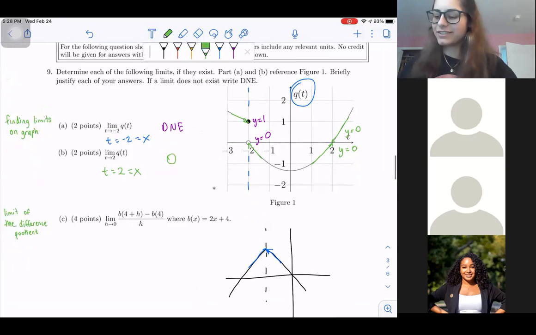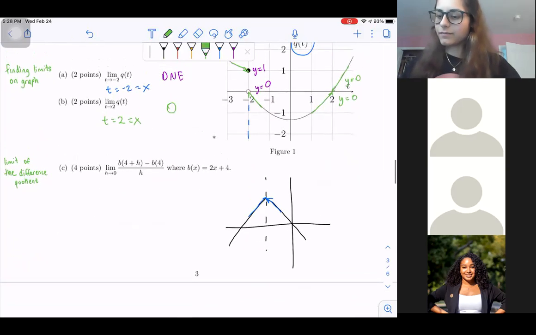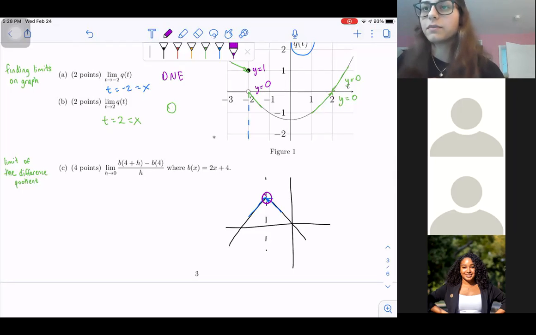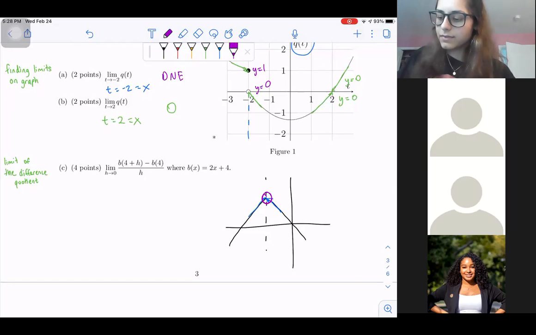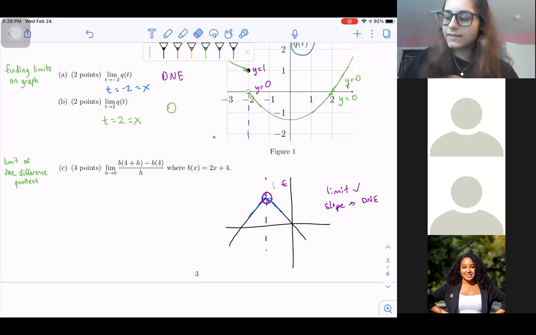Okay, and then for this one I just drew, you should definitely be aware that if we were trying to find the slope at that point, or the derivative of that corner point, that is always going to be does not exist. So our limit does exist. The limit exists, but the slope or the derivative does not exist. Why is this?